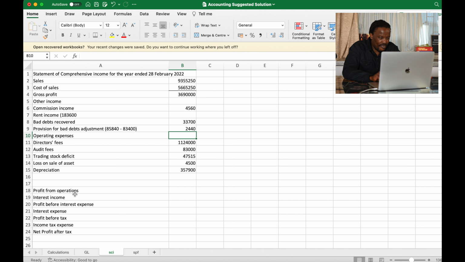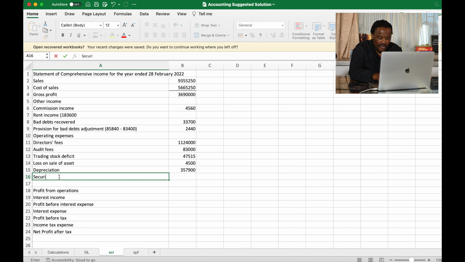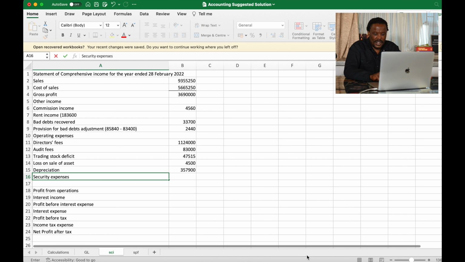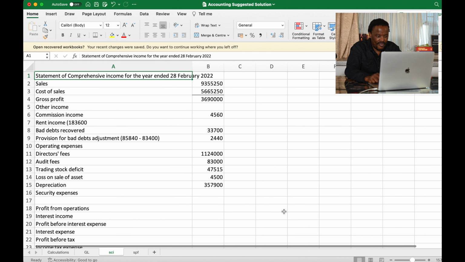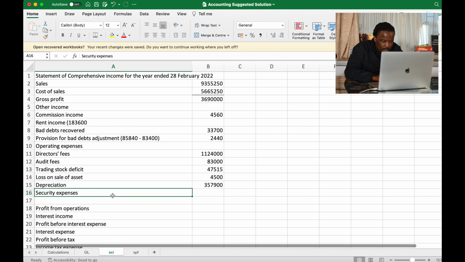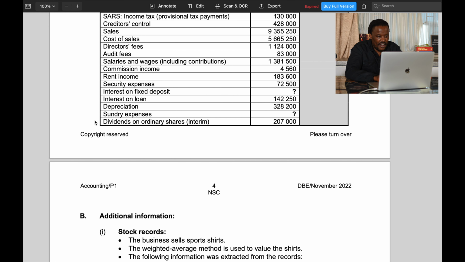Now, this is part of operations. Security expenses. Let me increase this font once again. They said they have an amount of 72,500.